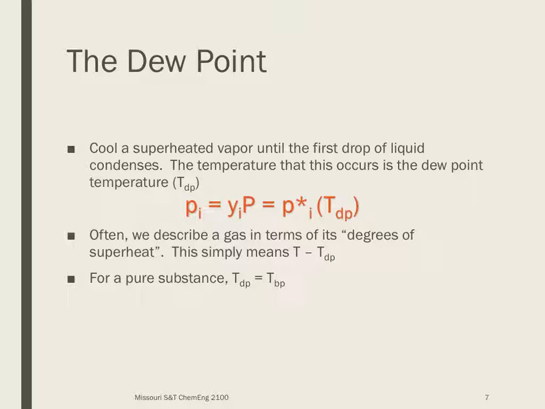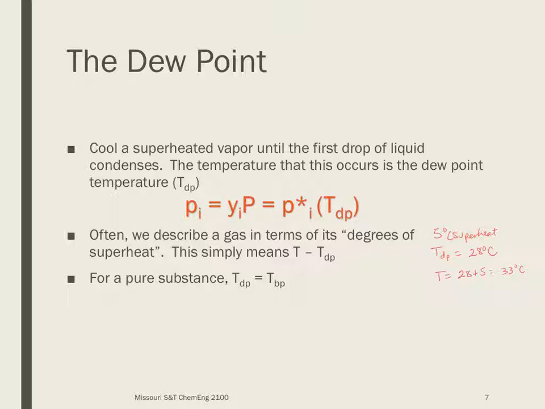So if you had something that had 5 degrees C of superheat, and you knew that the dew point temperature was 28 degrees C, then the actual temperature is going to be 28 plus 5, 33 degrees C. So it's a way of defining the temperature. It's just sort of a little awkward.